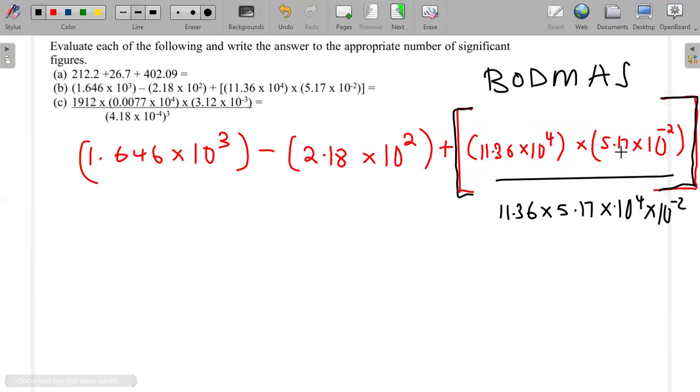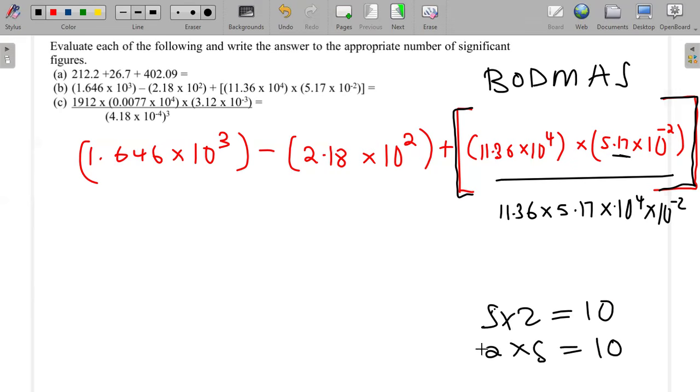I'm allowed to shift the position of this because multiplication in general is commutative. You will later learn in math, when you are learning about binary operations, what commutative really means. It just means the order does not matter. If I say 5 times 2, I'll get 10. If I say 2 times 5, I'll still get 10. So the order of what you're starting with does not matter. Multiplication has that property, so no wonder I was able to shift these things.